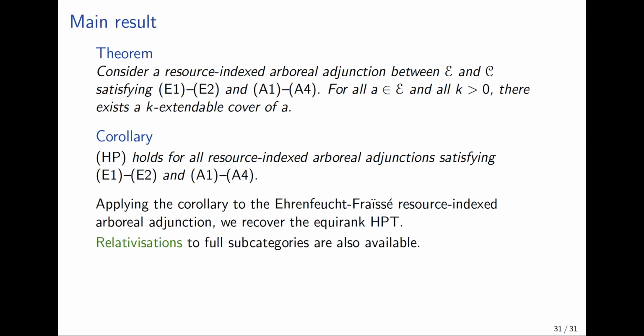Something more that you can get here is a relativization of this result to various full subcategories. Something which is quite difficult with these homomorphism preservation theorems is that when you have proved such a theorem for a class of structures, it's very difficult to relativize the theorem to a subclass. There are some sufficient conditions, but they're very weak.